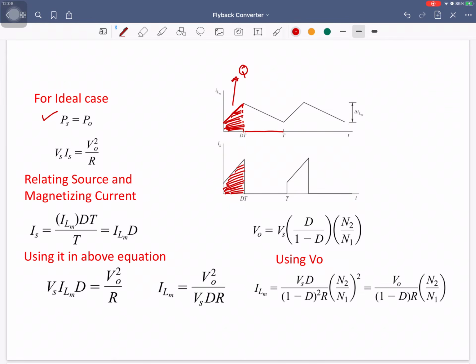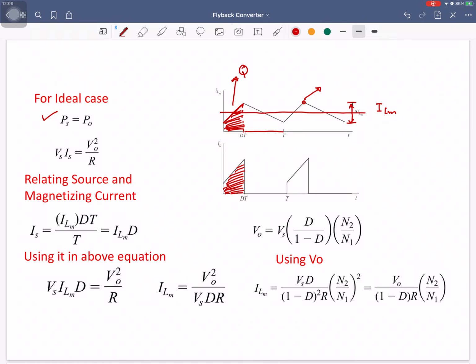Right? So how can we find out the source current? We can relate the average source current with the magnetization current. So the average value of the magnetization current is somewhere over here. I am going to represent it as ILM, the average value, and the change in this current we have already seen in the previous slides. So how to find out the maximum value?